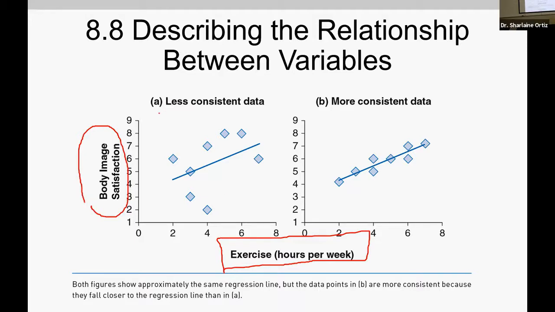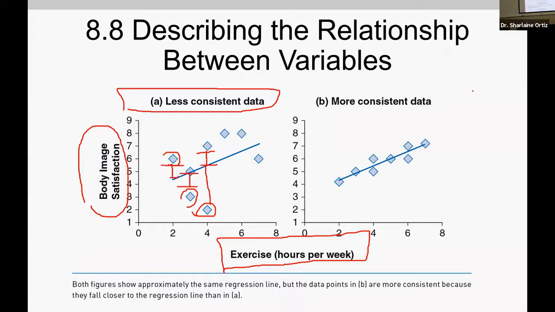In this set, towards the left of your screen, it's less consistent because the data points, the observations, are pretty far from that regression line, aren't they? If you see this distance here, they're falling pretty far away. So they're going to be more difficult to predict. Whereas if you look at the right of your screen, we have more consistent data.